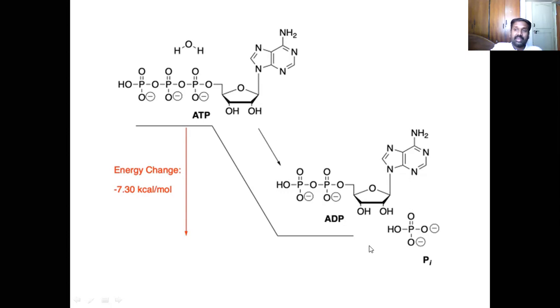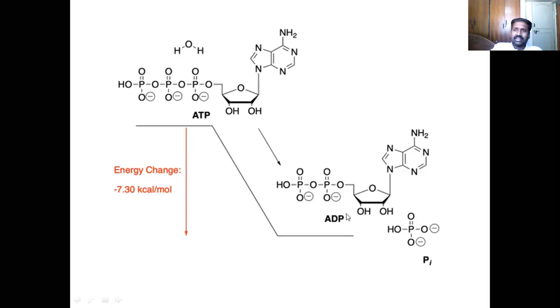How to go from ADP to AMP? You cleave one more phosphate. So that will be further lower in energy, AMP. Why did I make a mention of AMP here? Because in some metabolic pathways, we see that ADP is hydrolyzed to AMP, still giving us a lot of energy.